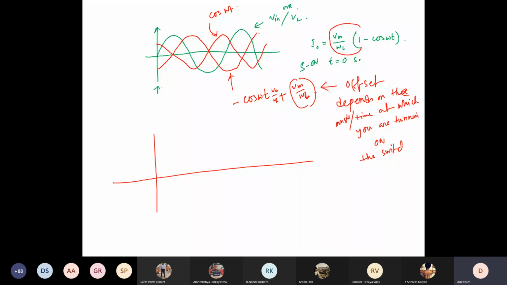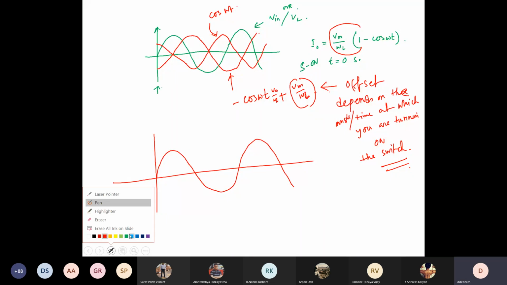Okay. So if you are turning on the switch at t equal to 0, so I'll call it t equal to t0, basically at 0, you'll see the current is never going negative.